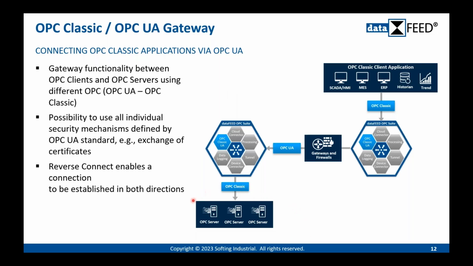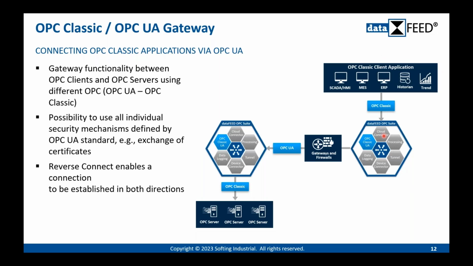We receive on the left side from the OPC Classic server the information through OPC Classic, and provide this information through an OPC UA connection to the second OPC Suite installation. This second installation then provides the information to the OPC Classic client application through a standard OPC Classic interface.